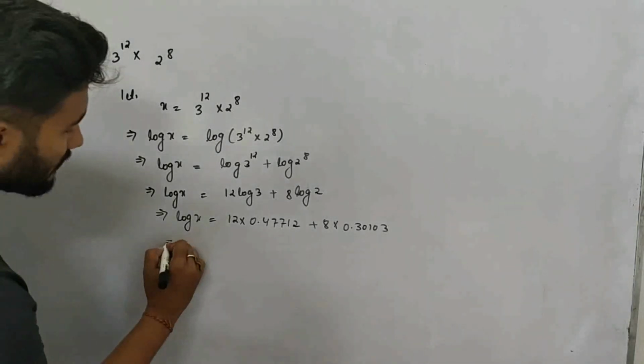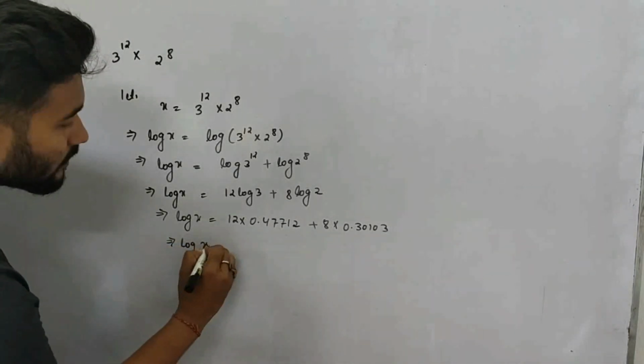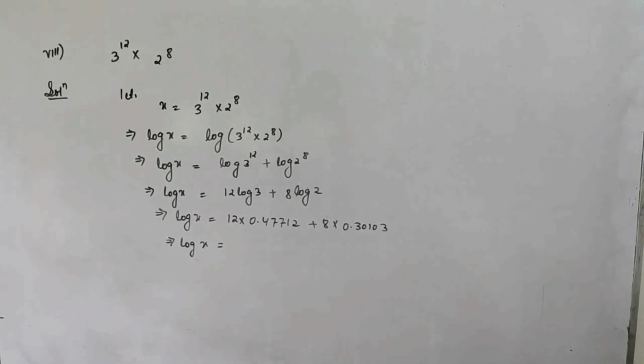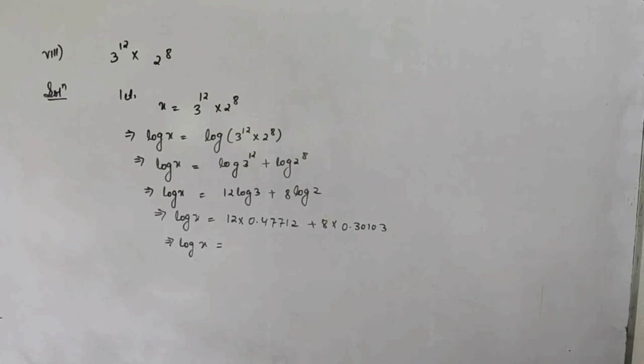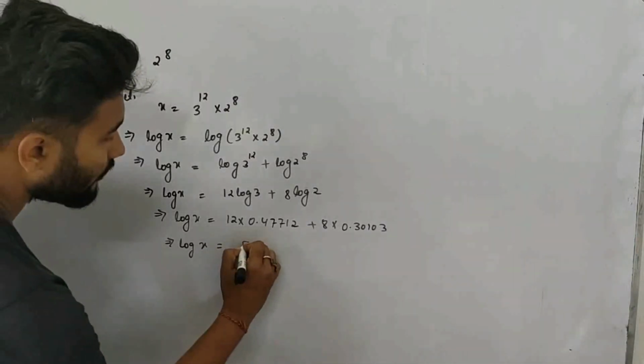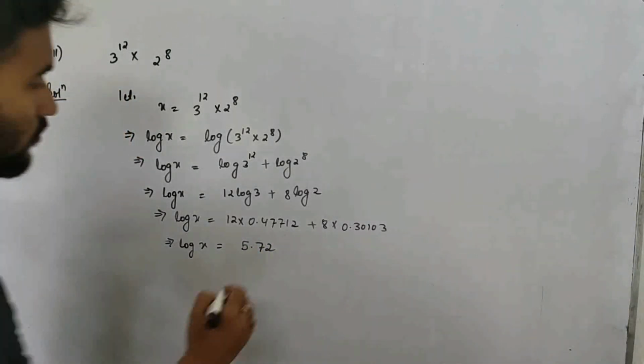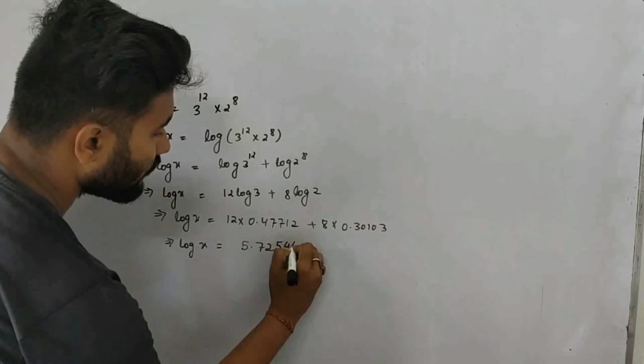Done. So multiply: 12 into 0.47712, you will get 5.72544.